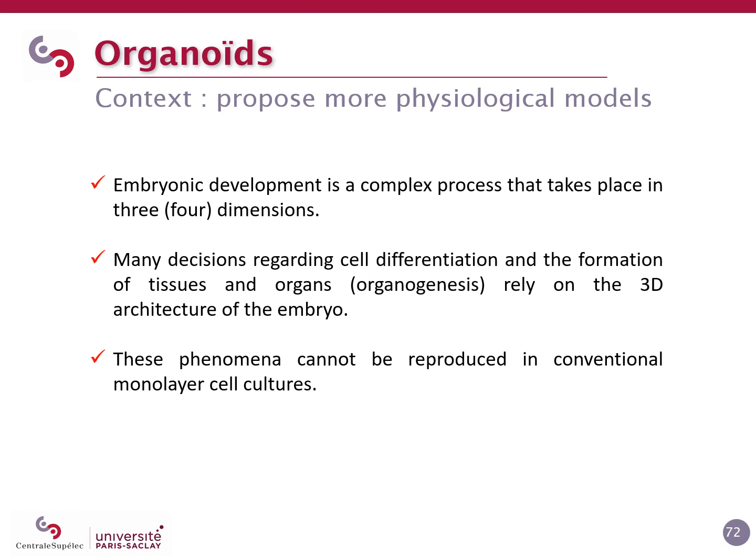Many decisions regarding cell differentiation and the formation of tissues and organs, organogenesis, rely on the 3D architecture of the embryo, and these phenomena cannot be reproduced in conventional monolayer cell cultures.